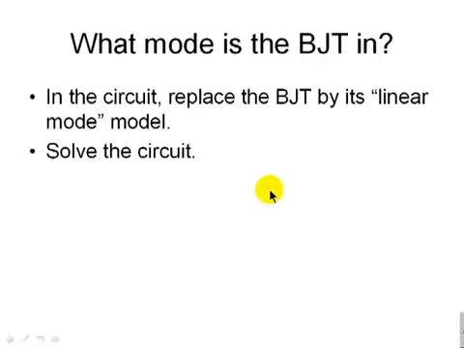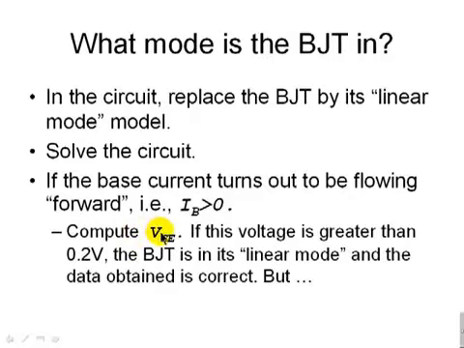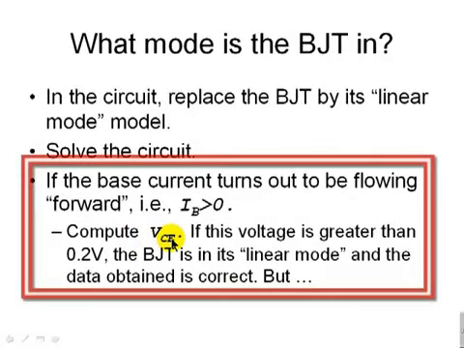But what happens when the current IB is not negative? Well, in that case, if IB is a positive value, so it's flowing in the right direction, then we compute VCE, the collector-emitter voltage.